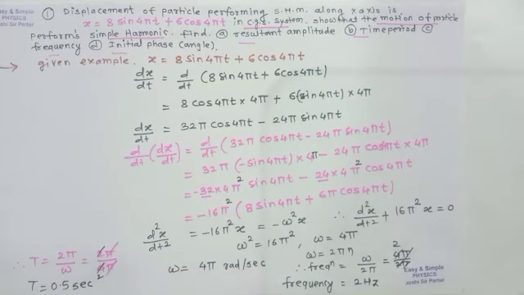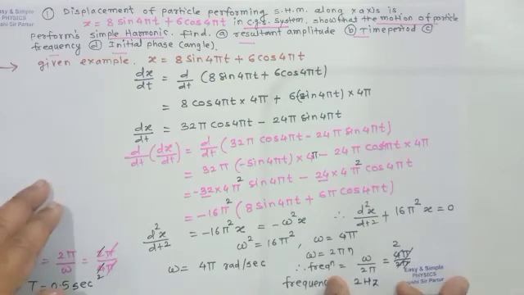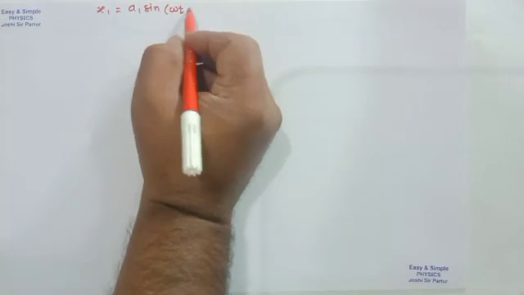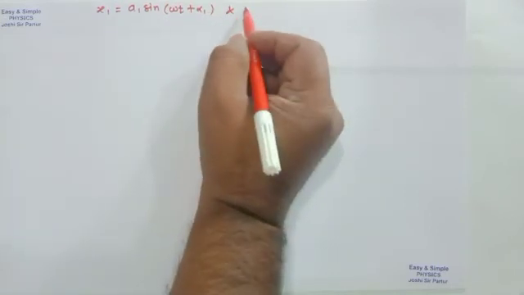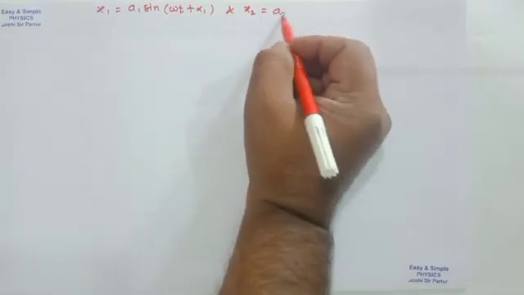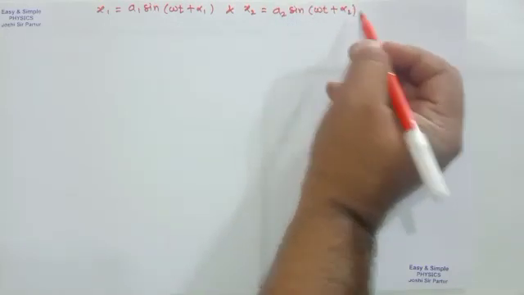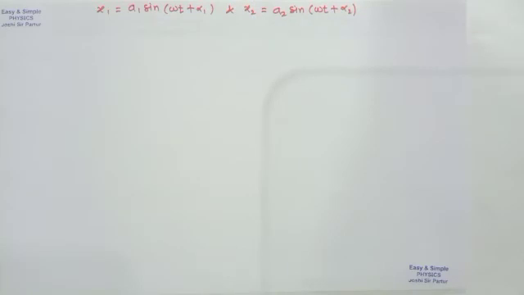We can solve the two equations. But here, if we write the two S.H.Ms like x1 is equal to a1 sine of omega t plus alpha 1 and x2 equal to a2 sine of omega t plus alpha 2, compare the equations.